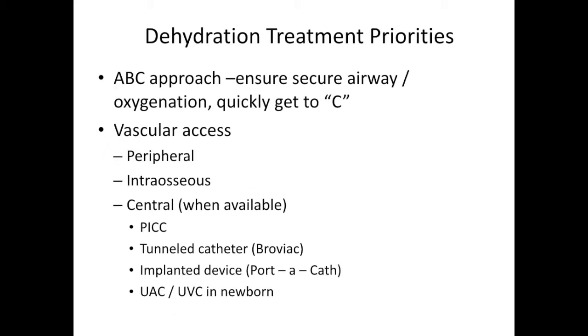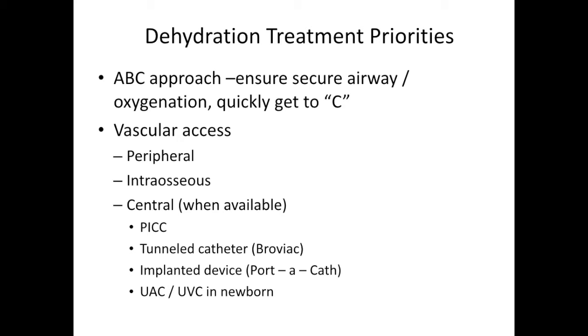Priorities in treating dehydration include the ABC approach. Make sure that this child has an open airway. Make sure that they are well oxygenated, and then very quickly focus on the circulation. And we do this by accessing a vein and giving them fluid. A child can have an IV inserted peripherally, but when they are severely dehydrated and it is difficult to access a peripheral line, we may give an intraosseous infusion.